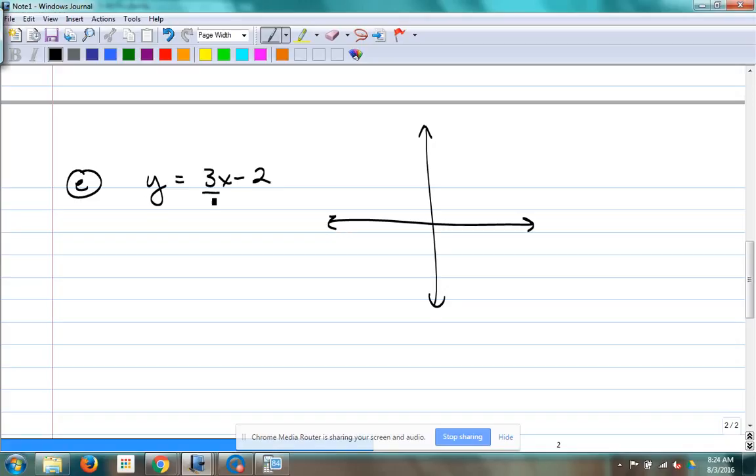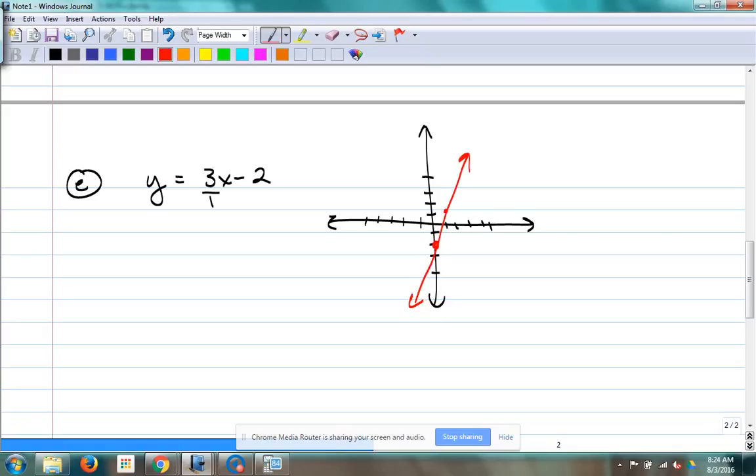Yeah, 3x will be over 1. All right, so yeah, I'm going to put some tick marks here. Yeah, my y-intercept, what that's called, -2. And then my slope is 3 over 1, so I can go up 3, 1, 2, 3 over 1, get a point. And I just get this line that does that.